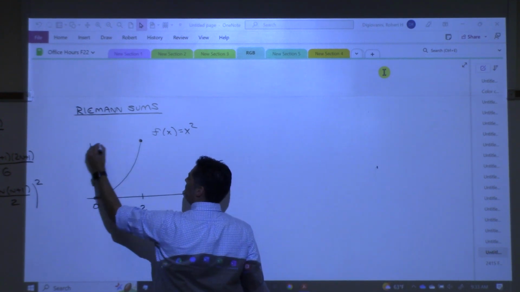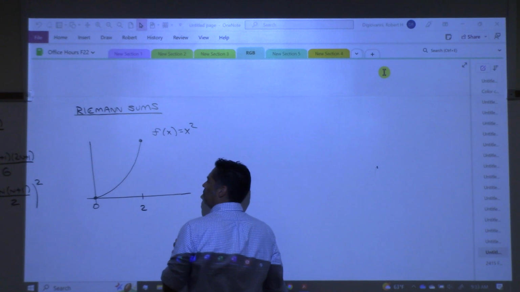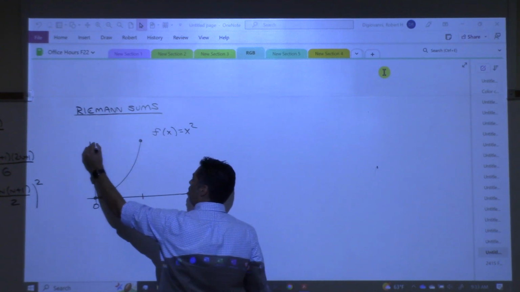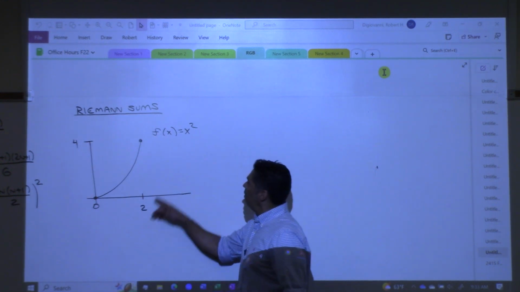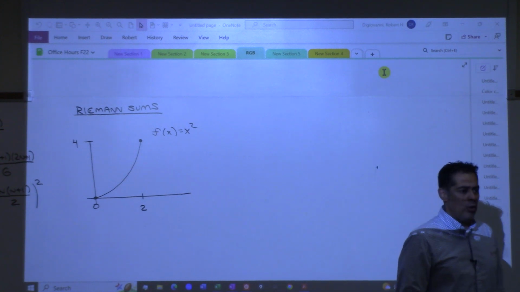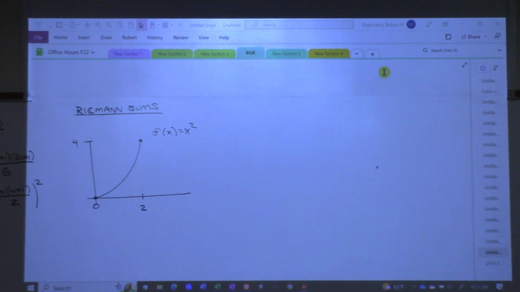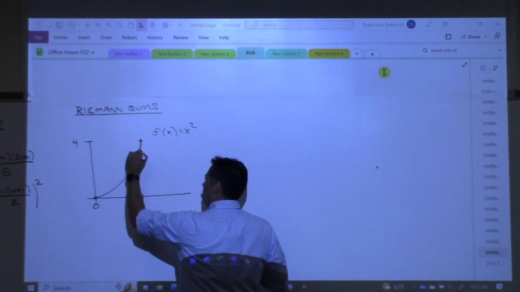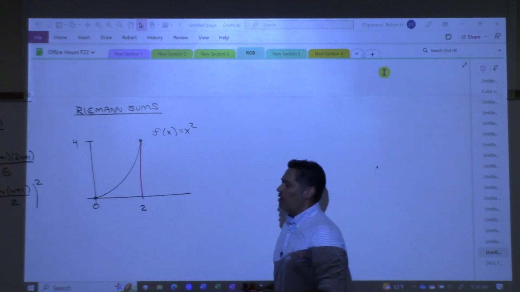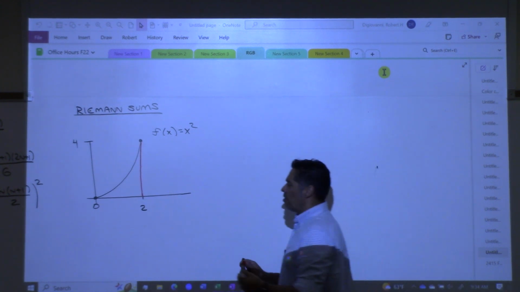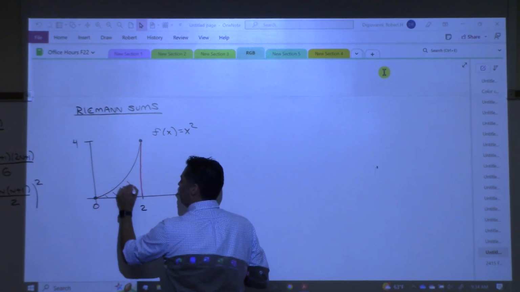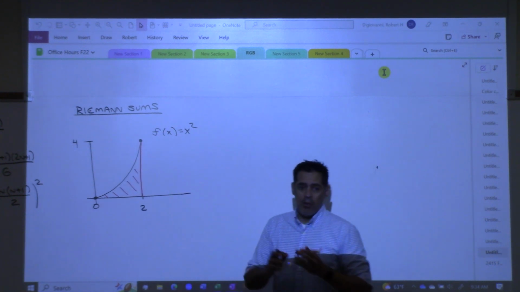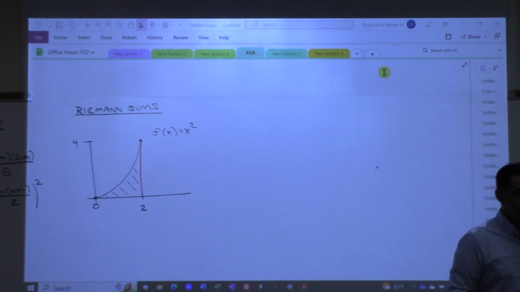How high is this point? 4, right? 2 squared is 4. I'm looking at that parabola. I'm only looking at it between 0 and 2. And what I'm interested in here is if we can find the exact area below this graph and above the x-axis. That's what I want us to be able to find, all right?